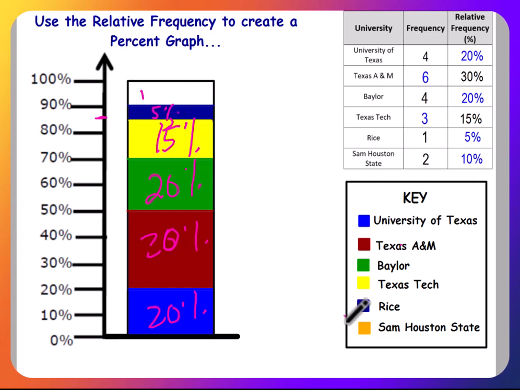And lastly, Sam Houston State University is 10%, which would go from 90% to 100%. There's your 10%, and that's your percent bar graph. Everything over here, all of our relative frequencies, added up to 100%. When we graphed it, it went from 0% to 100%.